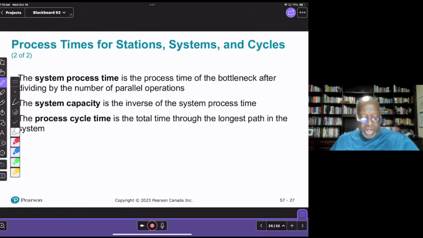So the system process time is the process time of the bottleneck after dividing by the number of parallel operations. What does that mean?